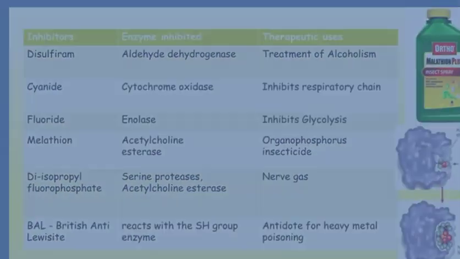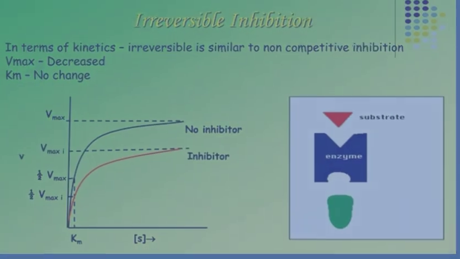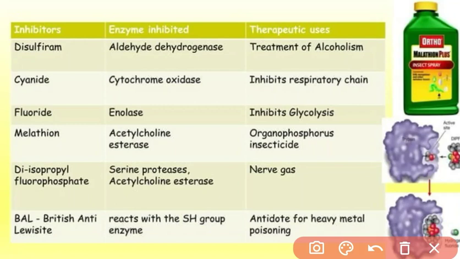Then malathion. Malathion is an organophosphorus compound used as an insecticide. This compound and others like sarin, soman and tabun specifically inhibit the activity of the enzyme acetylcholinesterase.